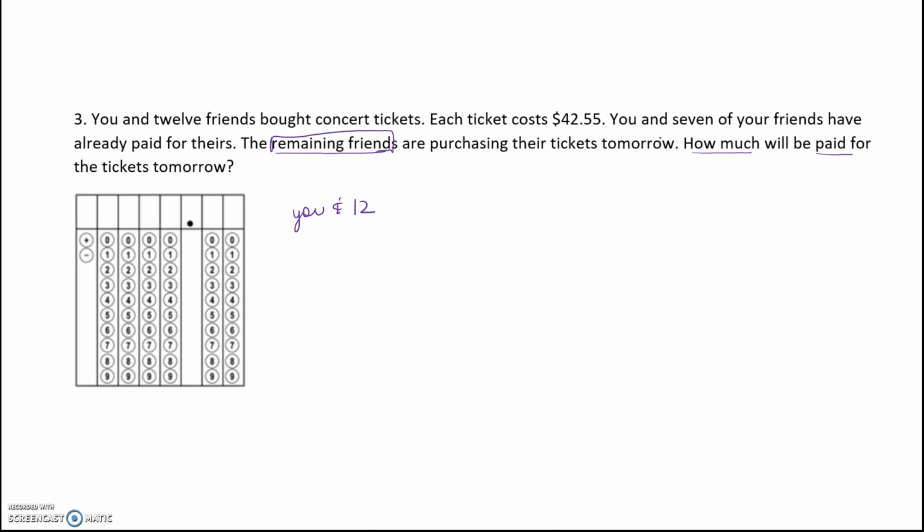Okay, you and 7 friends already paid for your ticket. So that means how many remaining friends are paying tomorrow. They're buying their tickets tomorrow. So 12 friends are going, 7 have paid. So 12 minus 7 is 5 are paying tomorrow.